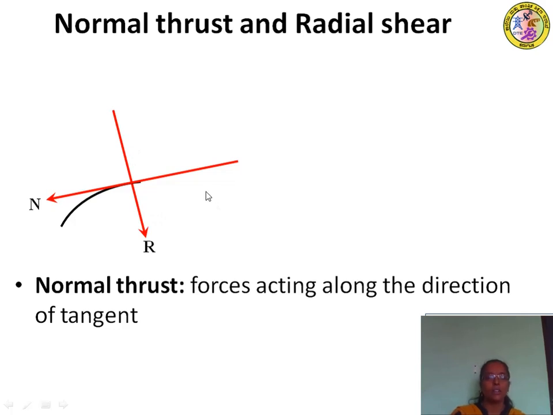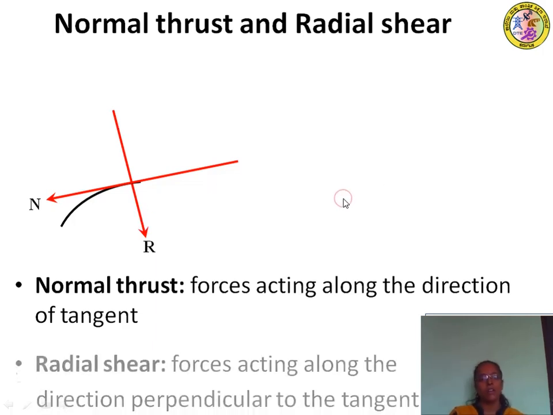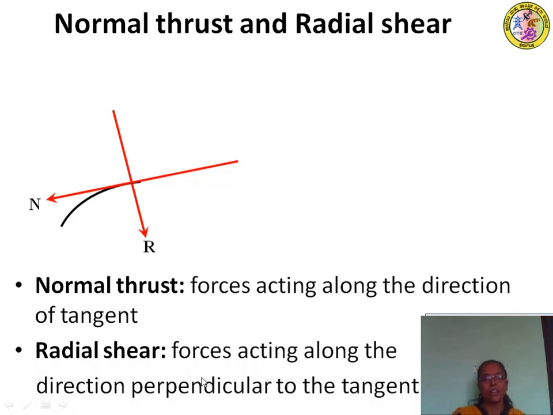And the forces acting along the direction perpendicular to this tangent are taken as radial shear. So radial shear is nothing but forces acting along the direction perpendicular to the tangent drawn at any section on the arch. This is the definition for normal thrust and radial shear.